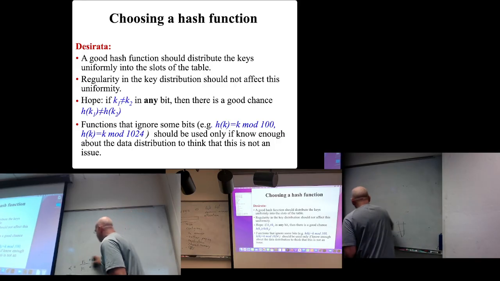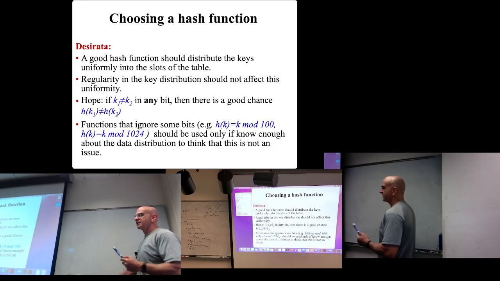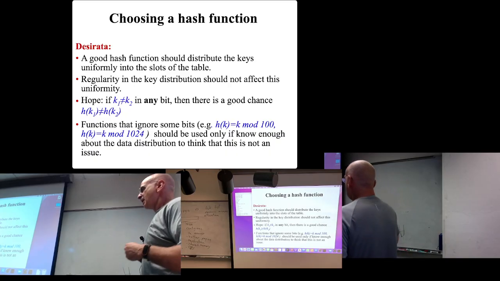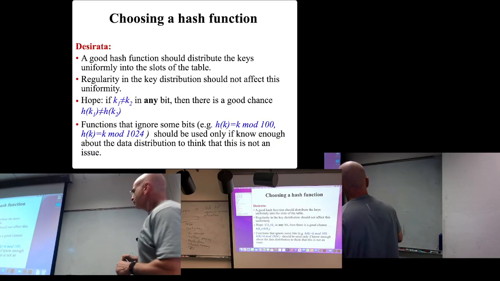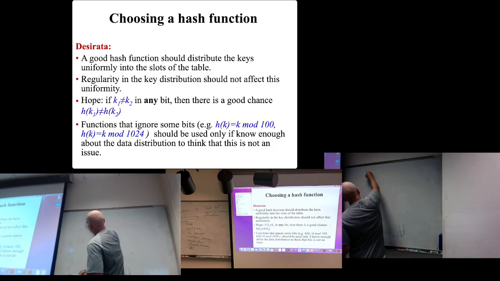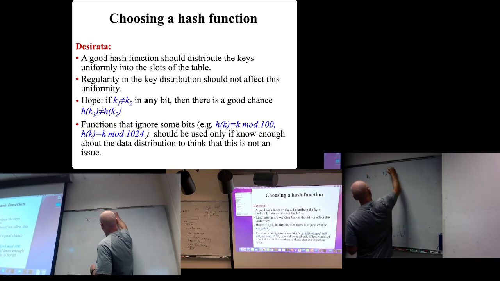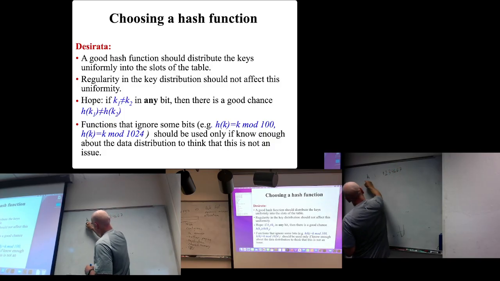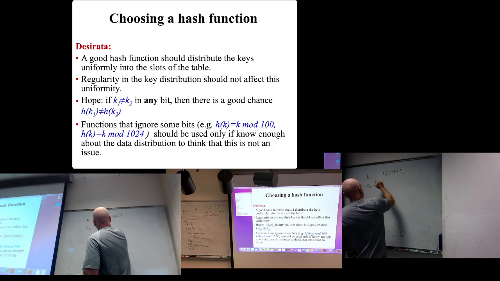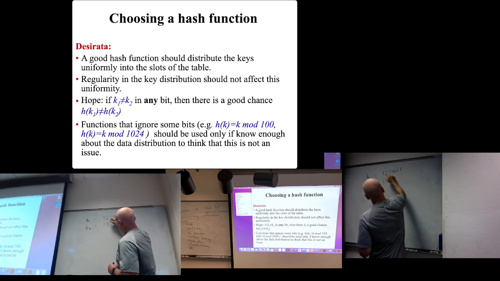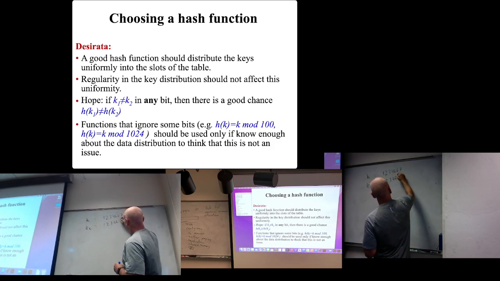And that already suggests a few things that you probably don't want to do. Let's say here is K1, which would be 1, 2, 3, 4, 5, 6, 7, and K2, which would be 1, 2, 3, 4, 5, 6, 8.